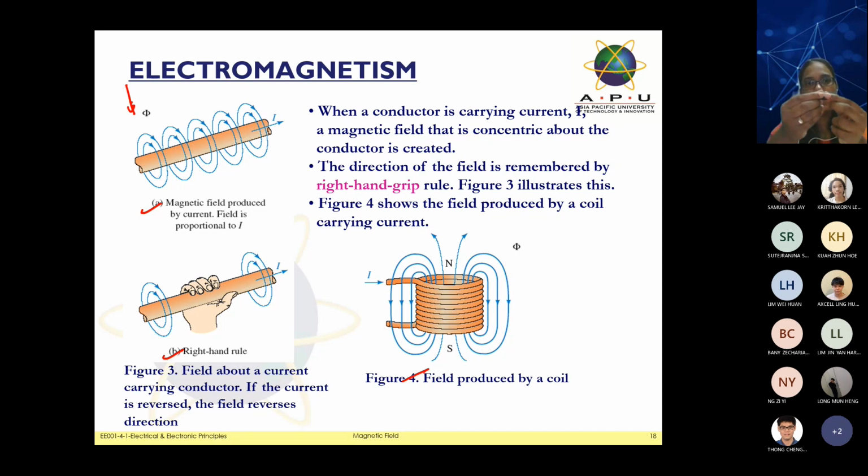Assume I have the current flowing from this direction. At the same time, you are going to have a line, which we call a magnetic line, in the form of a circle. Why do we have a circle? It means we cannot have a square shape, or a sawtooth, or a triangle shape, is it?